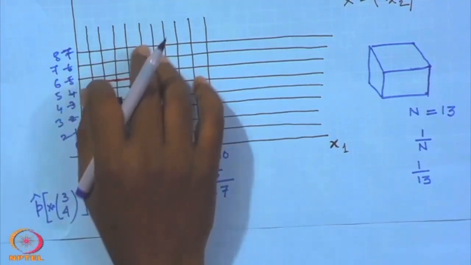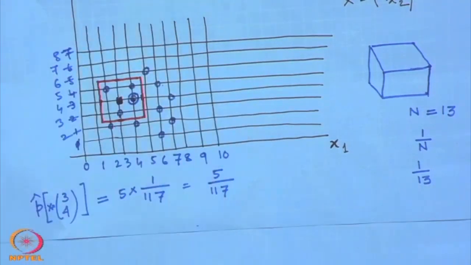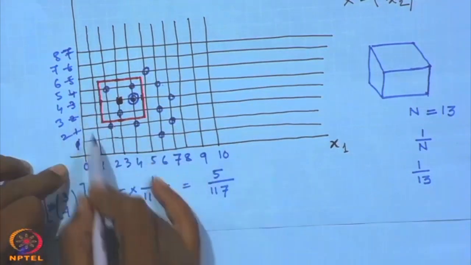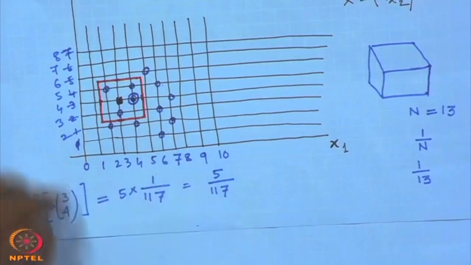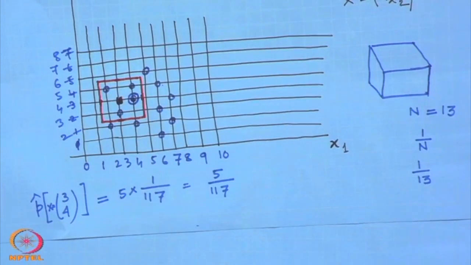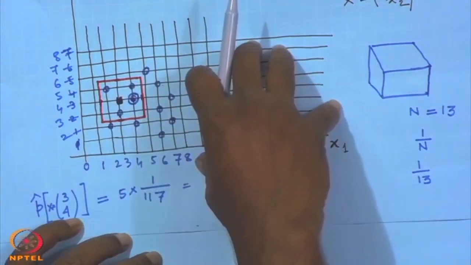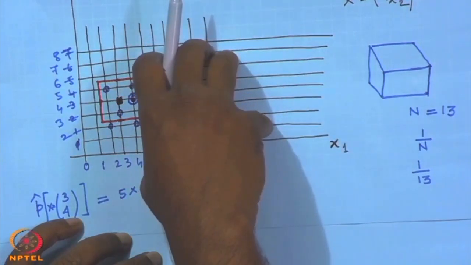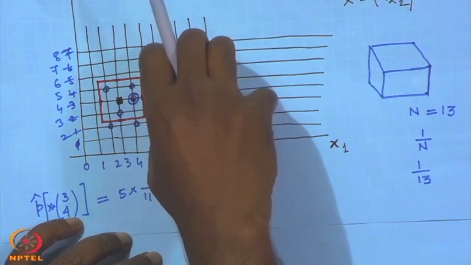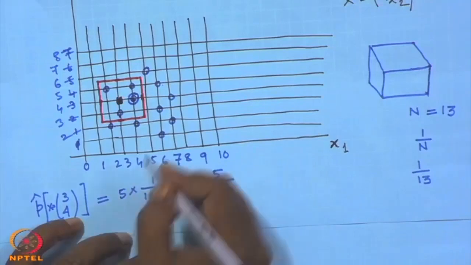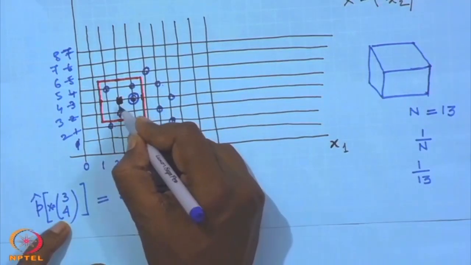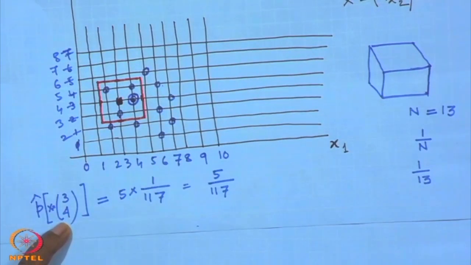Now, obviously, as we have done before, this can be used for classification purposes. Assume that these are samples coming from class omega 1, and I have another set of samples coming from class omega 2, and I want to classify an unknown data point at location 3, 4.